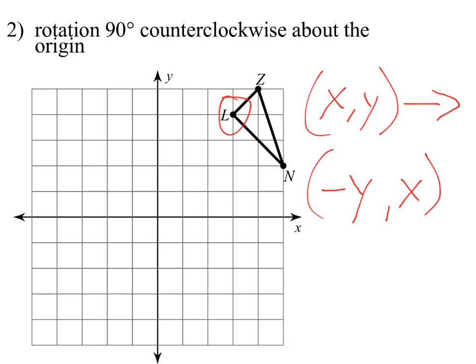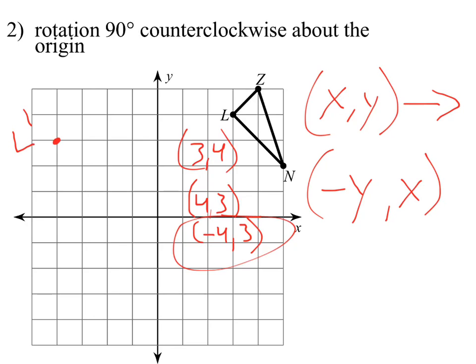For example, L here has the coordinates of (3, 4). Well, if you change the order, you're going to get (4, 3). And then you change the sign on the first one, you're going to get (-4, 3) as your new coordinates for L. That's going to be where my new L point is. That's going to be L prime.